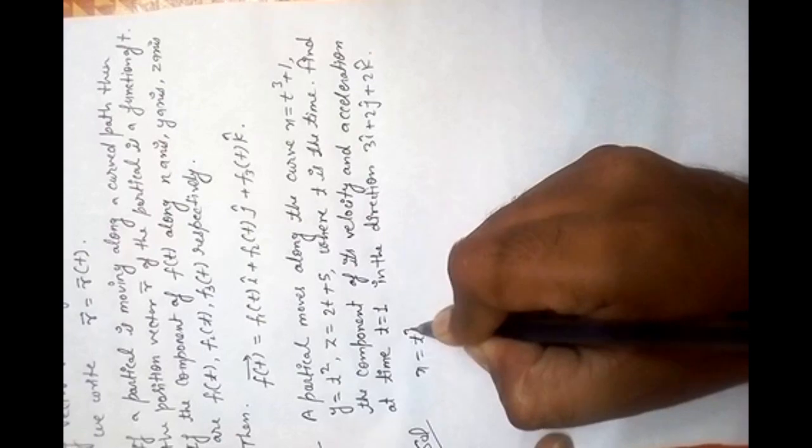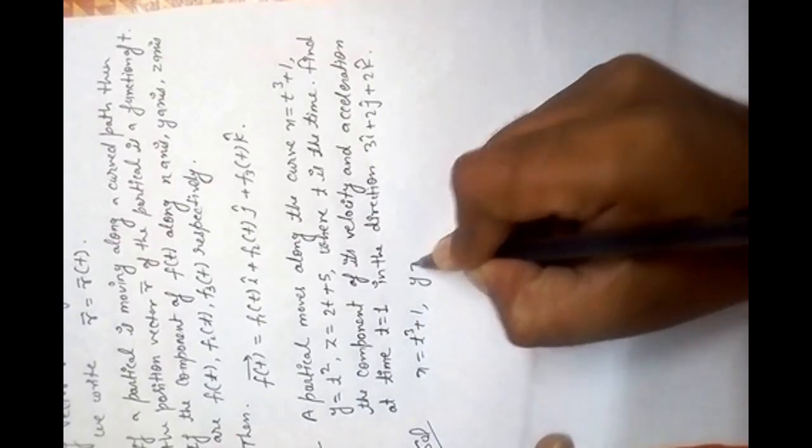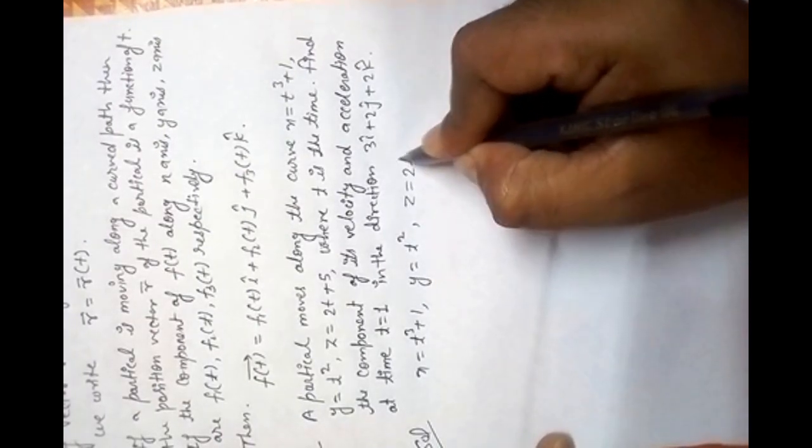Solution. We have x is equal to t cube plus 1, y is equal to t square and z is equal to 2t plus 5. Then vector r can be formed as xi plus yj plus zk. So vector r can be written as (t cube plus 1) i plus t square j plus (2t plus 5) k.